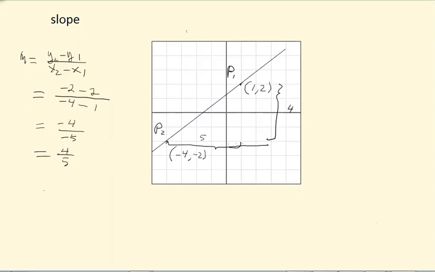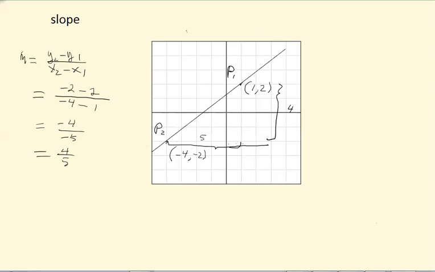Now, how do you know when lines are parallel? Well, they have the same slope. When they're graphed together, parallel lines look like this.